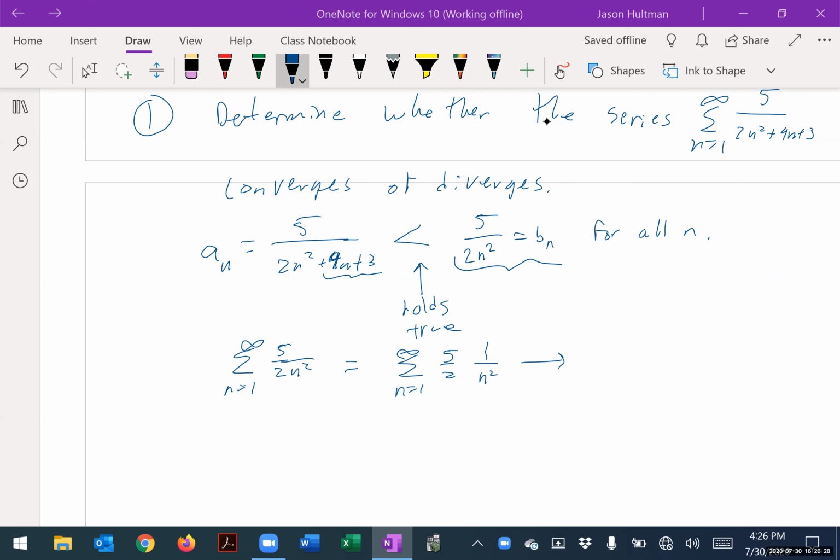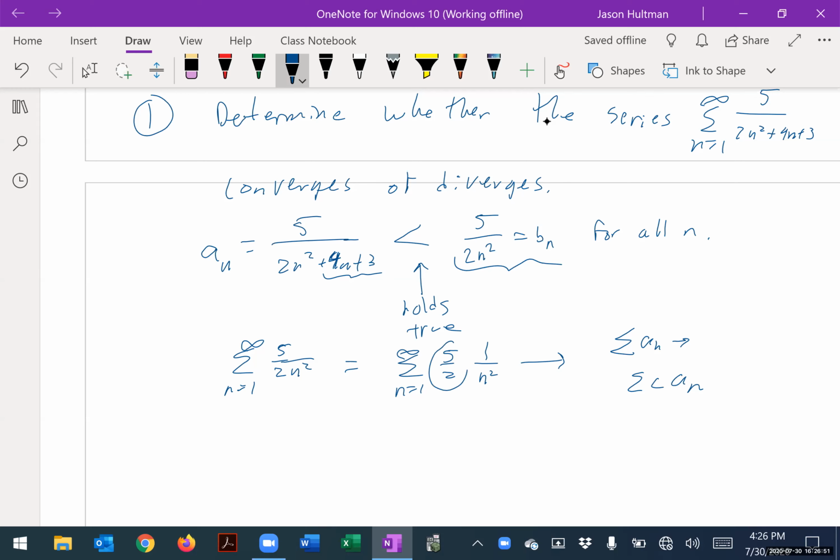Because remember, there was a theorem at the very end of our notes yesterday: if a sub n converges, then so does c a sub n.